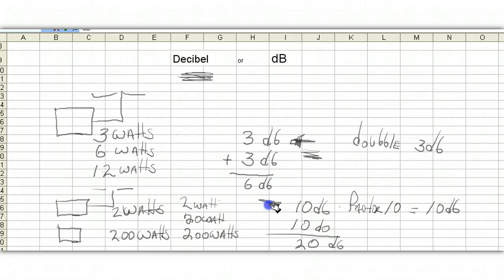So the two rules are, if you double, you increase it by 3. If you go by a factor of 10, you increase it by 10, and you just keep doing that until you get from the quantity you started with, 2 watts, to 200 watts. And this is a pretty neat trick, and you can get there without really having to do logarithmic mathematics.